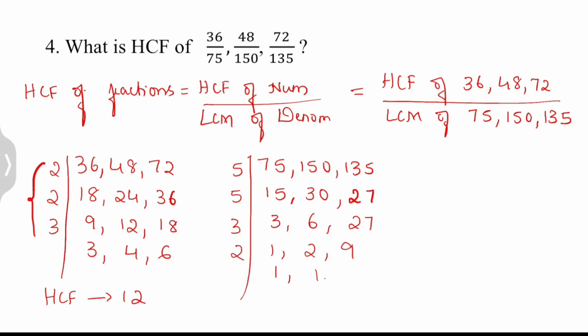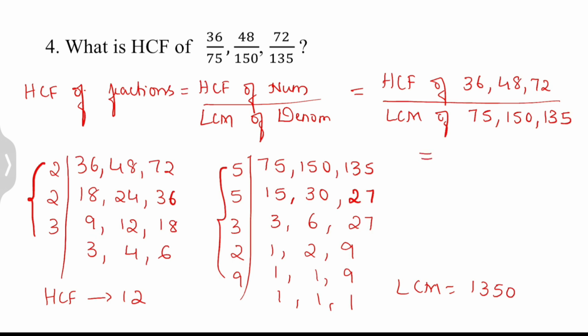Next 2 1s are 2 and 9 as it is, and 9 1s are 9. The LCM is the product of all these. 5 5s are 25, 25 3s are 75, 75 into 18 gives us 1350. So 1350 is the LCM.